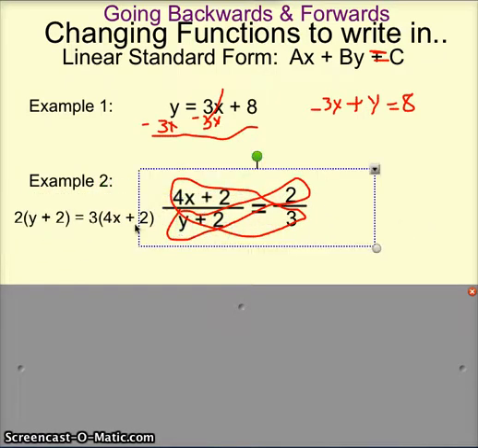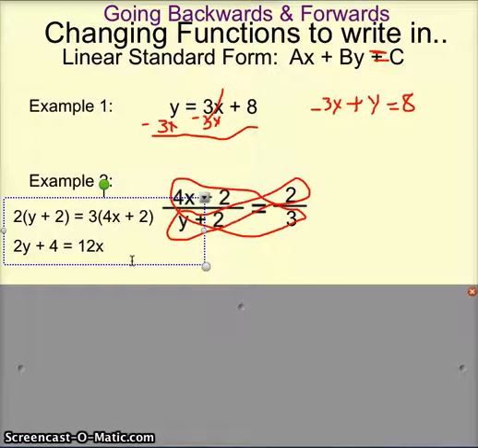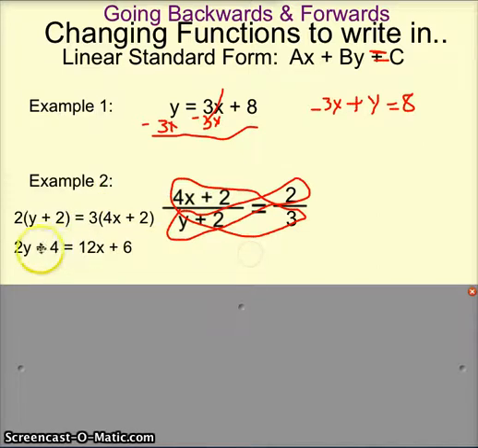Okay, so on the left side, 2 times y plus 2, so we'd have 2y plus 4 equals, and if we distribute this side, we'll get 12x plus 6. Now, I want to write this in standard form, so remember that's ax plus by equals c.